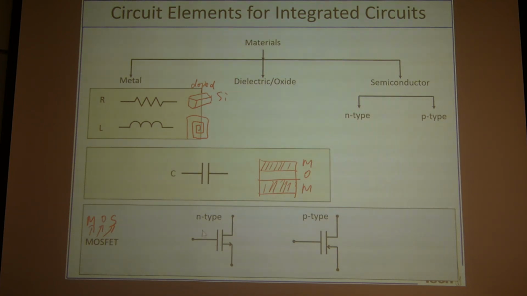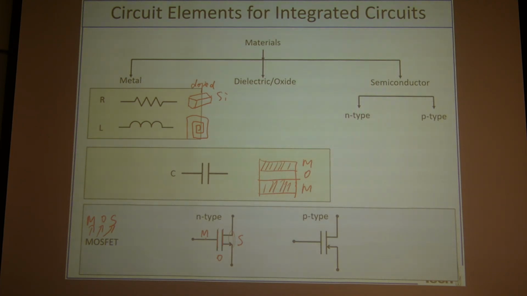In this circuit symbol, this side is metal, and then this is a capacitor, so this is oxide. And the other side is the channel. It's built on the silicon substrate, so it's a semiconductor. So you have 3 kinds of material in the MOSFET. It's more complicated, and we're going to learn in great detail about the MOSFET in this course.